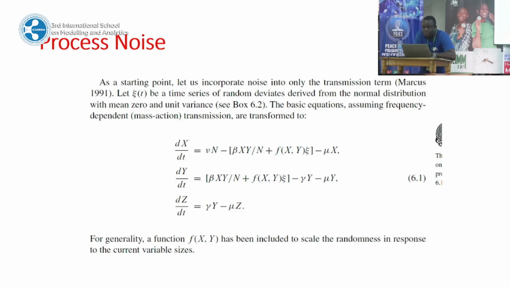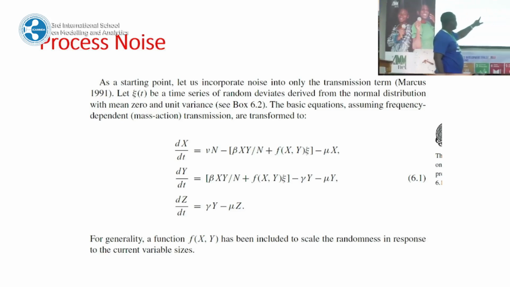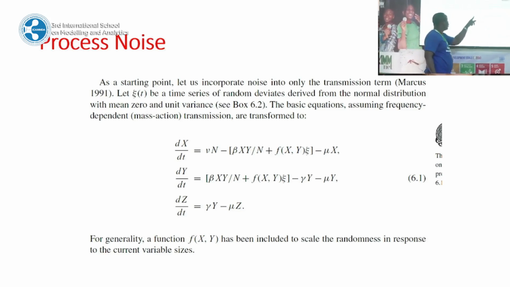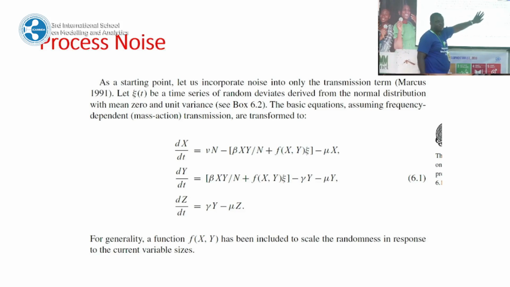Then the basic equations, assuming frequency dependent transmission, are transformed into, now this is more or less like your SIR model. Now, normally you are supposed to have the per capita death rate, which is minus beta xy over N, minus mu x. This one was not very different, right?